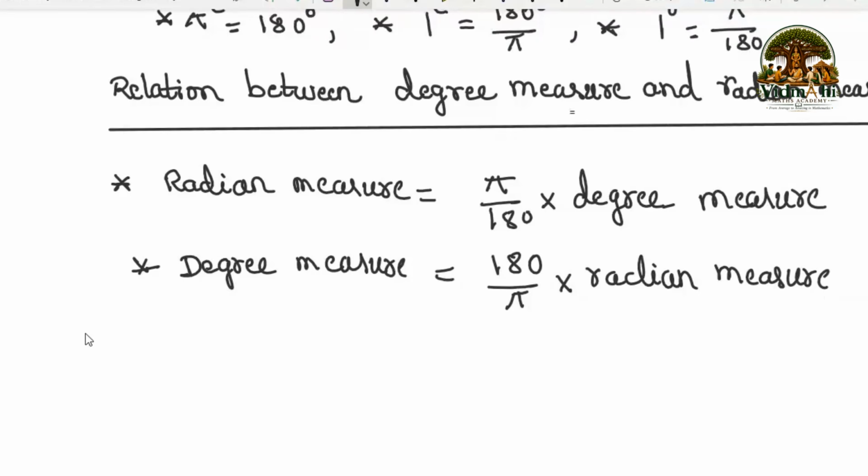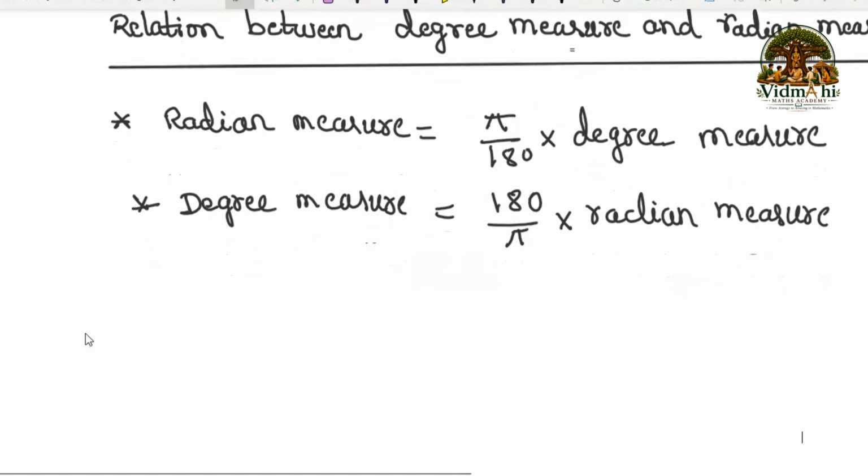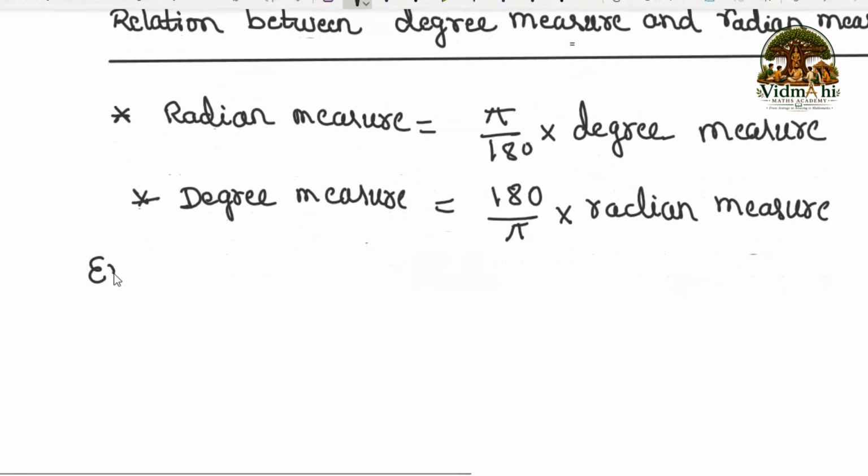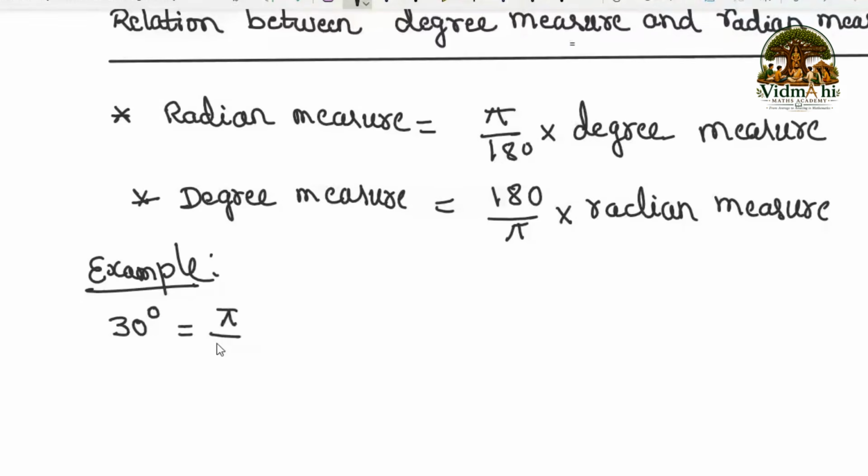For example, let us convert 30 degree into radian. To convert it into radian measure, we use this formula, pi by 180 into degree measure. Here the degree measure is 30 degree, so pi by 180 into 30 is nothing but pi by 6 radian.